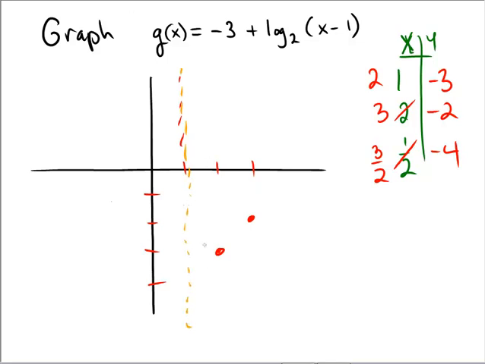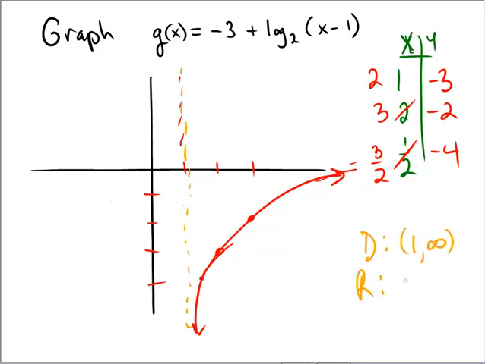And the 3 halves giving me negative 4 means that the graph is going to come like this. It goes off towards infinity. So here the domain would be from 1 to infinity, and the range would be from negative infinity to infinity.